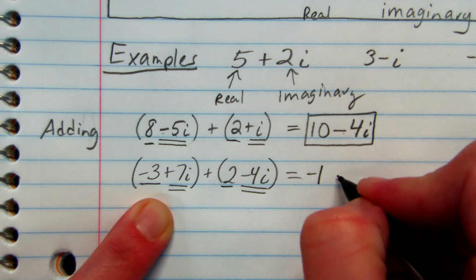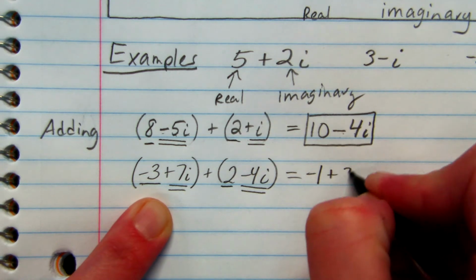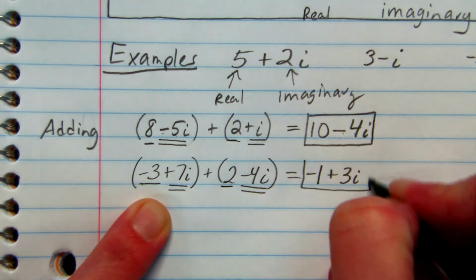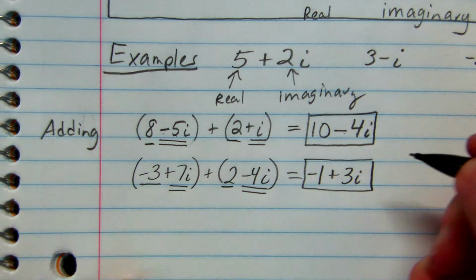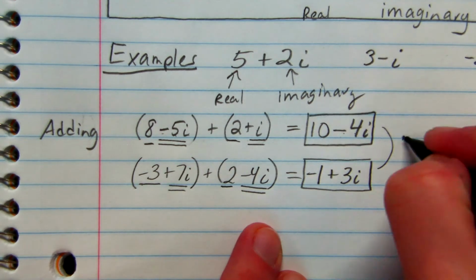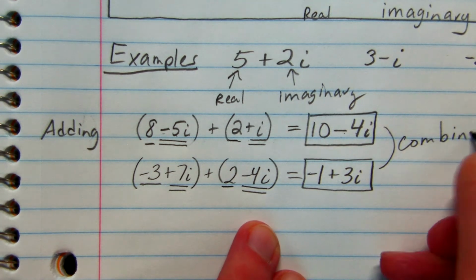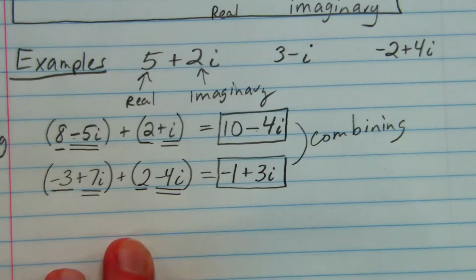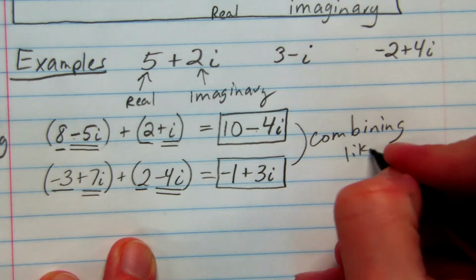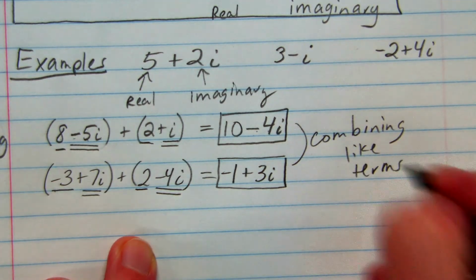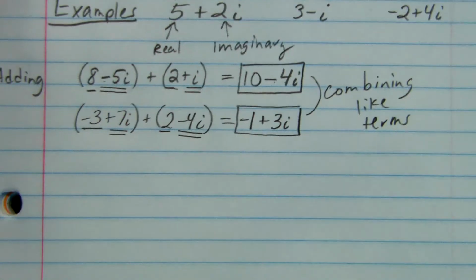That would be 3i. And if it comes out positive, we use a plus sign to separate this. So adding, basically, I'm just going to put a little note out here. You're just combining like terms. Addition. It gets a little bit more interesting when we get down to multiplying, but adding and subtracting are not too bad.